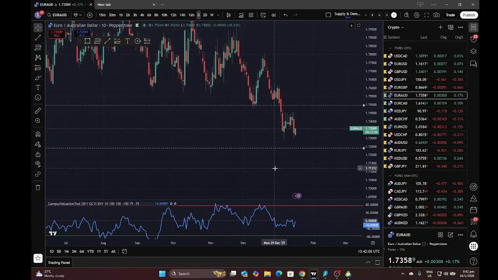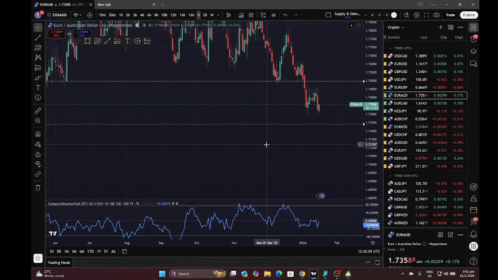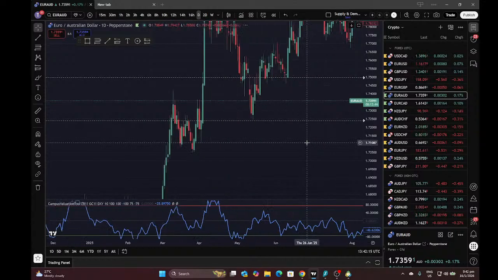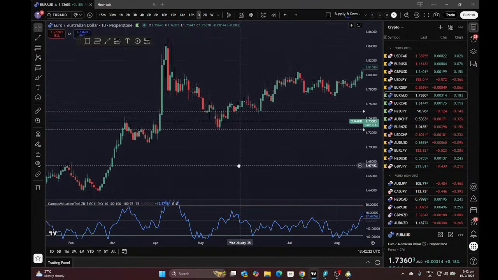It's neither too expensive nor cheap, and it seems like the price keeps coming down. What we can do is probably start to look for a demand zone first. All right, guys, look at this. This is a very nice demand zone.